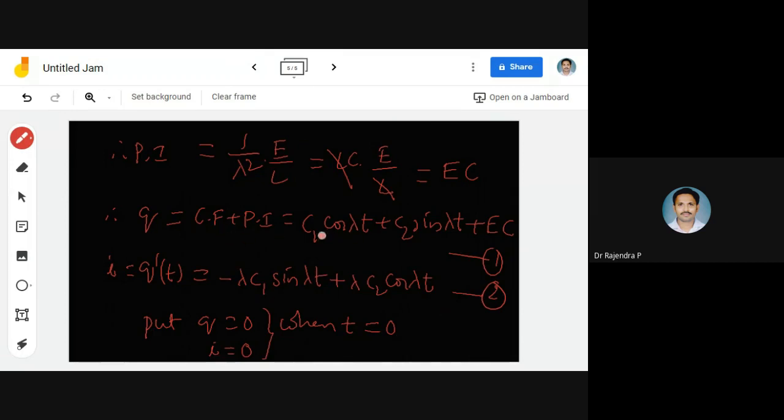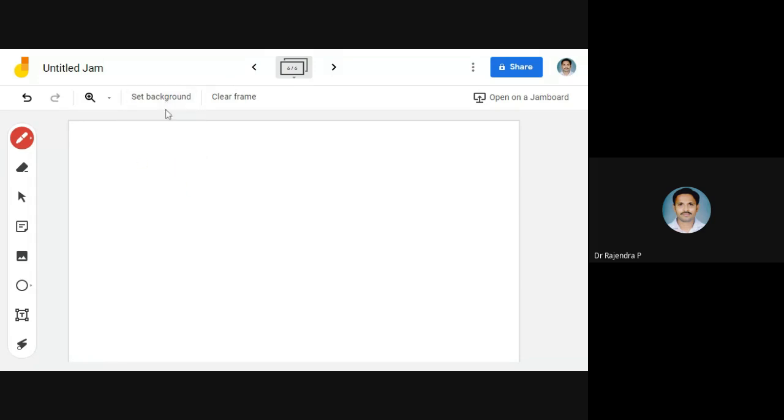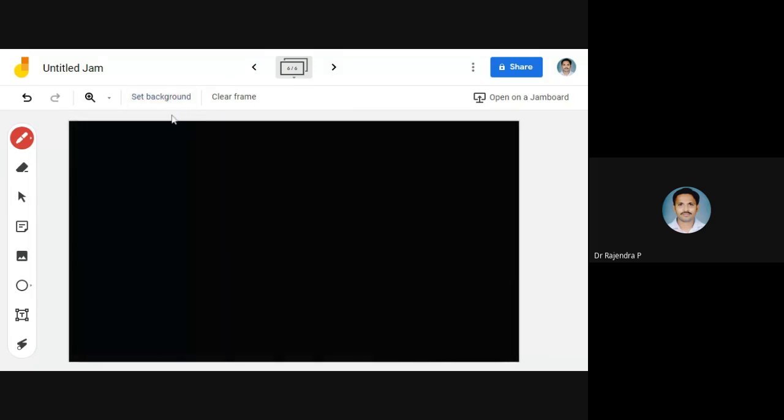Equation number 1, T equal to 0: this is 1, this is 0, and plus EC is equal to 0, since on the other side the Q value is 0. So I got the C1 value, minus EC.